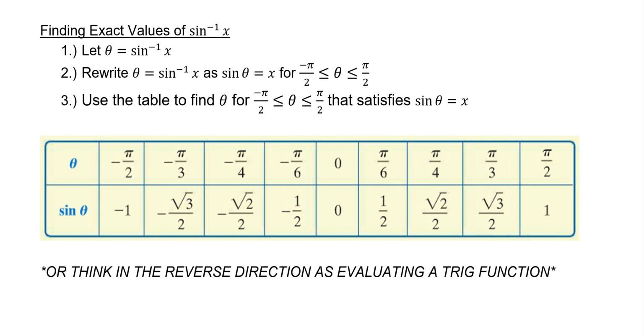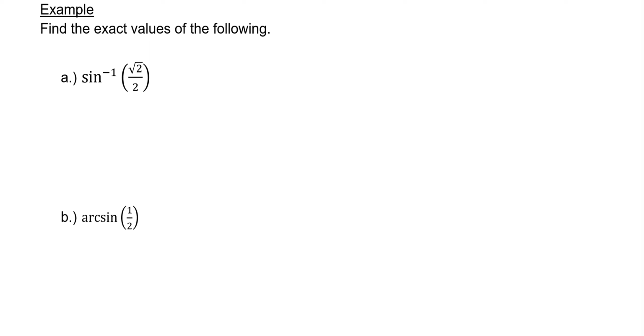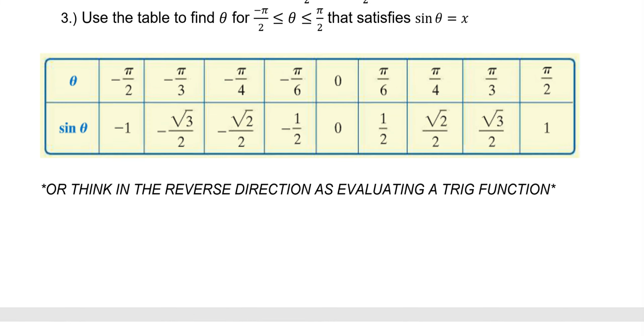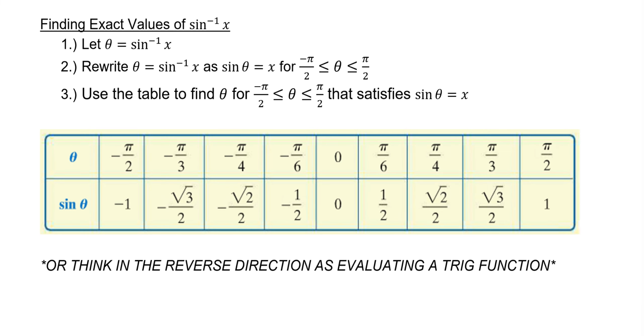What we're actually going to be doing here is evaluating sine inverse of a certain value. For example, we're going to evaluate sine inverse of radical 2 over 2 without using a calculator.